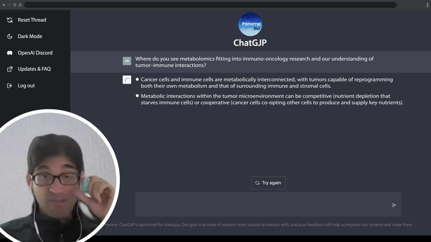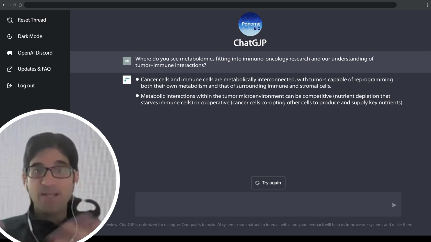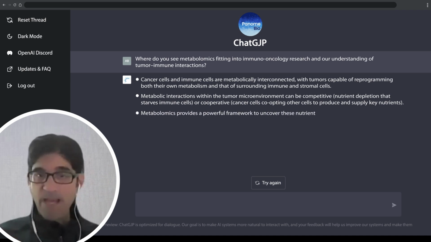And in some cases, some beautiful work out of Erika Pearce's lab showed some of the seminal work in this space, that basically boxing that cell type out of that nutrient can be detrimental to that particular cell type's fate. So that's one way, that's the competitive phenotype.